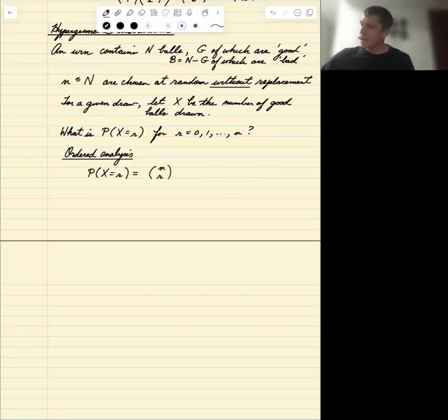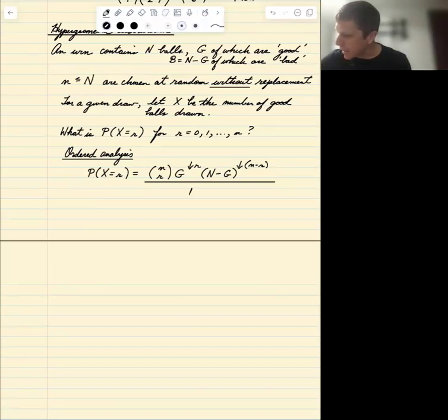We have capital G good balls, and we need an R permutation of those, G fall R. And then of the remaining bad balls, which is capital N minus capital G, we need an n minus little r permutation of those. And then how many possible orderings are there? There are capital N fall little n.